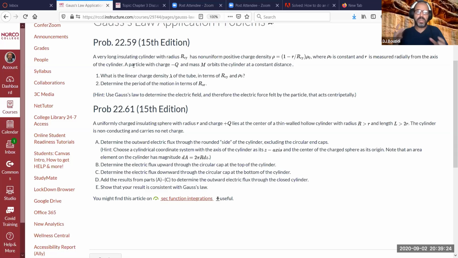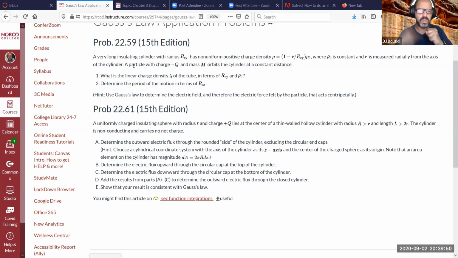Now, a particle of charge negative Q and mass big M orbits the cylinder at constant distance. What is the linear charge density lambda of the tube in terms of R cylinder and rho naught? So they want the lambda, basically, the charge per unit length on the cylinder itself. And then they ask to determine the period of motion, T, the period T from physics 1.